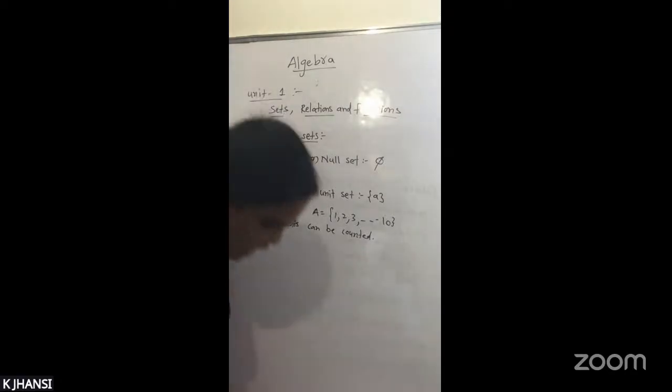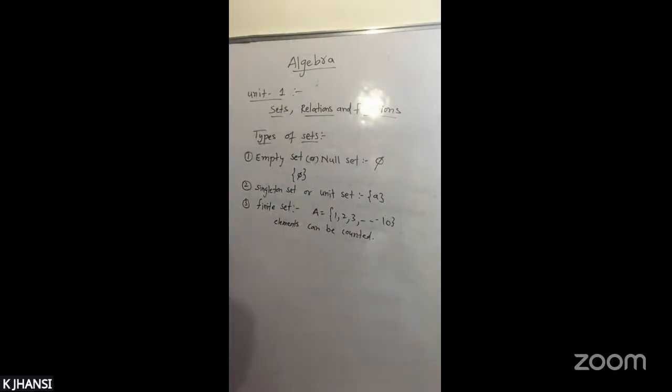Okay. Next, we have the infinite set. Infinite set means a set in which elements cannot be counted. We can take an example: set A is equal to stars in the galaxy.